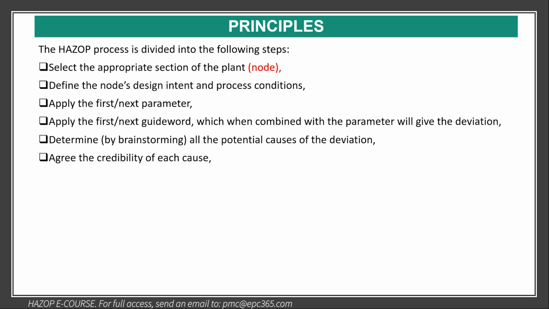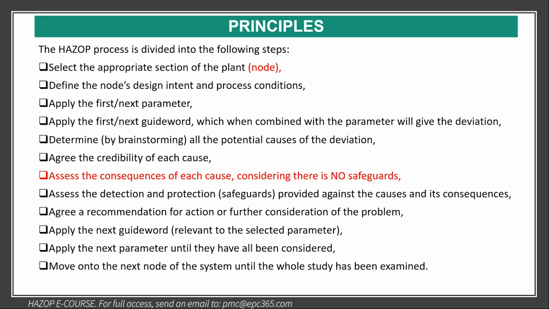When the node is defined, then we apply the parameters first, then use the guide words and determine all potential causes and agree the credibility of each cause. Then we have to pay attention to the consequence of each cause; normally we assume that there is no safeguard, and then assess the detection and protection safeguards, and then agree the recommendation, and then record.